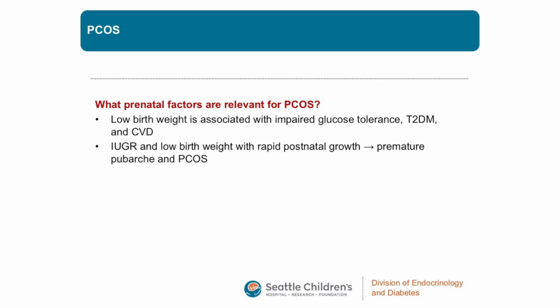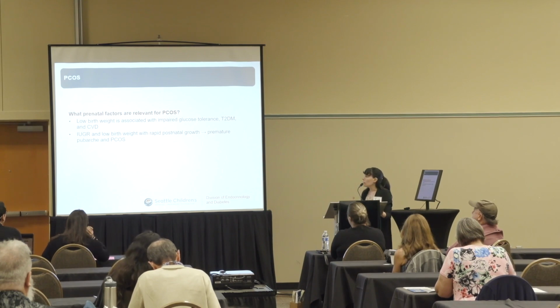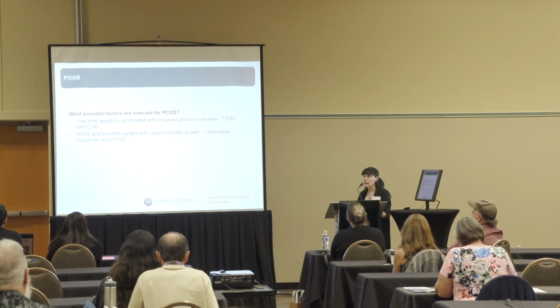Next slide. And the other thing I want you to think about is, what are the prenatal factors that are relevant for PCOS? And the most important one being babies that are born growth restricted, but that have rapid weight gain, which is something we all see all the time. Those patients, we see them first in the clinic with precocious adrenarche, so pubic hair development before the age of 8.